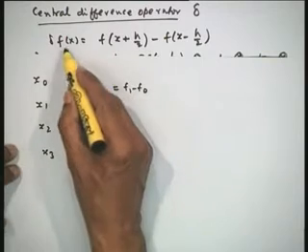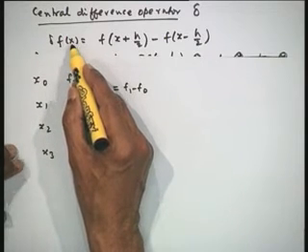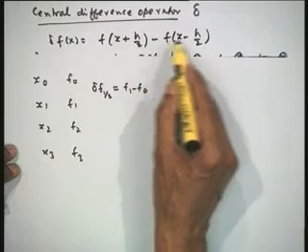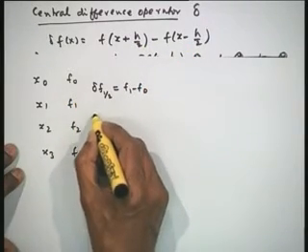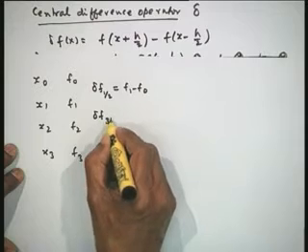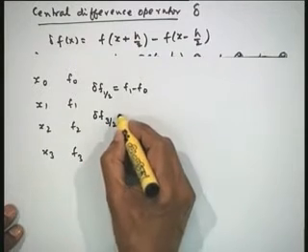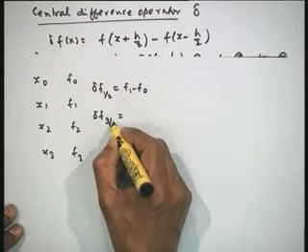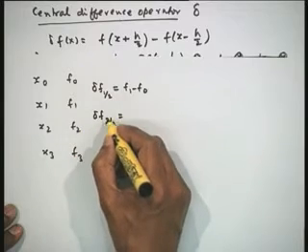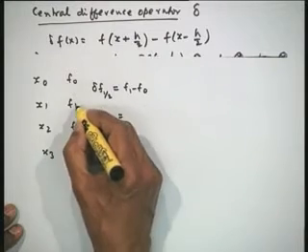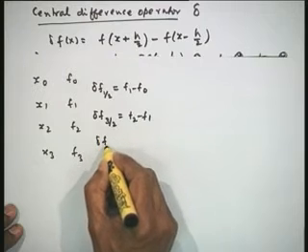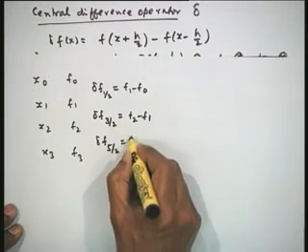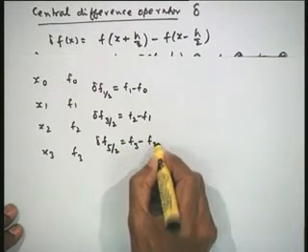Now, if I write delta f half, that is x0 plus h by 2, then it will be f(x0 plus h) minus f(x0). So, this will be f1 minus f0. Then this will be delta f 3 by 2, that is 3h by 2 plus h by 2, that is f2, minus h by 2, that is f1, so f2 minus f1, and this is delta f 5 by 2, that is f3 minus f2.